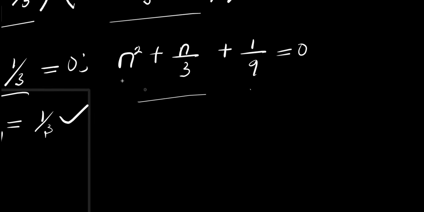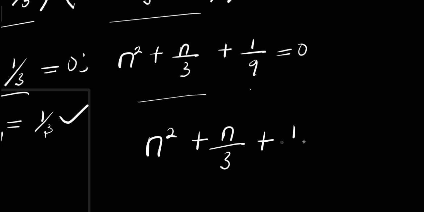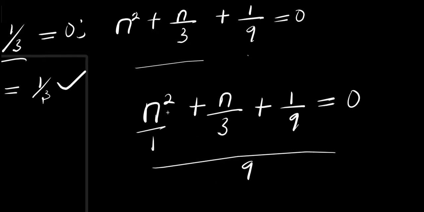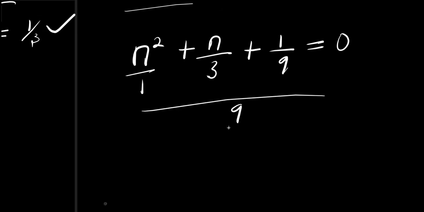To solve this, I can recopy it down here, equals 0. This is over 1. The common LCM is 9. So we have 9 divided by 1, 9 times n squared, and n squared plus 9 divided by 3, 3 times n. 9 divided by 9, 1. 1 times 1, we have 1.